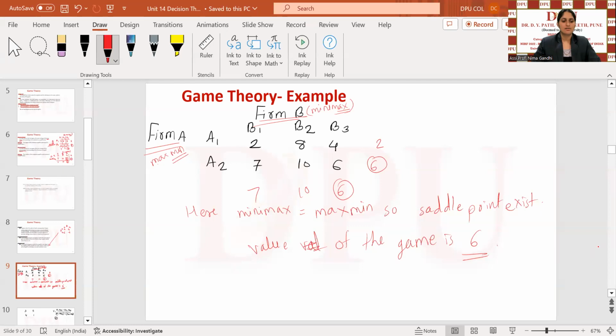So what is the meaning of this? The value of the game is 6. It means A will have a guaranteed win of at least 6 irrespective of the strategy chosen by firm B.